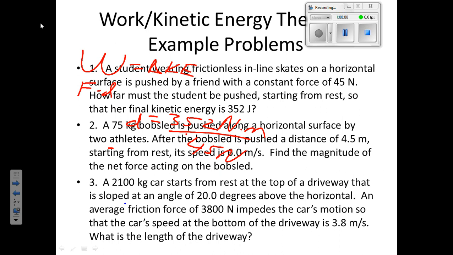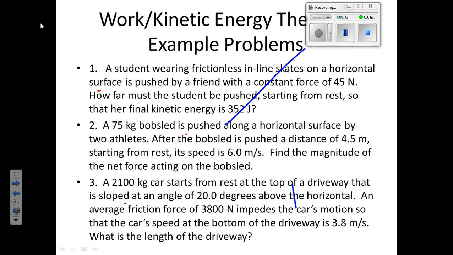Might as well go ahead and do number 3 while we're here. So number 3, a 2100 kilogram car starts from rest at the top of a driveway that is sloped at an angle of 20 degrees above the horizontal. So let's draw it.